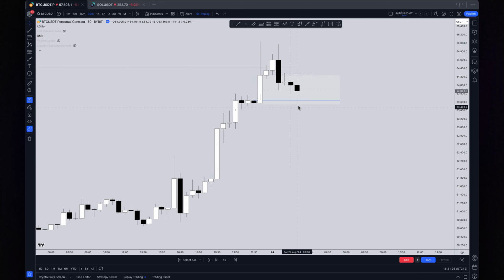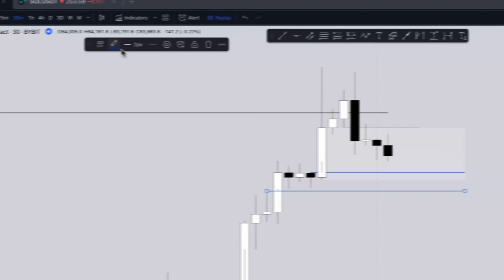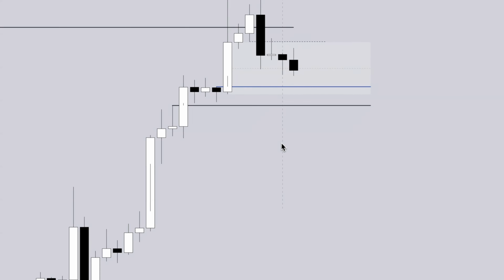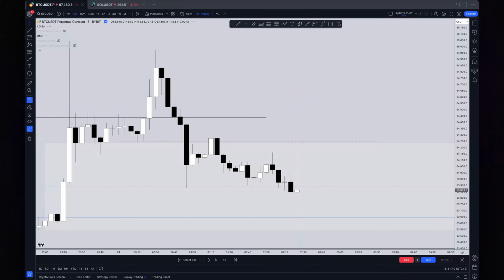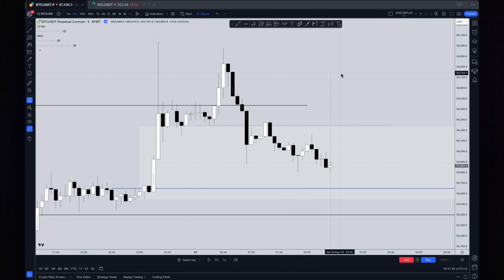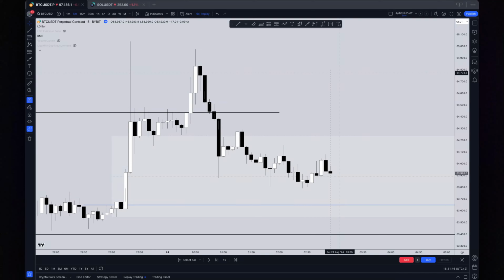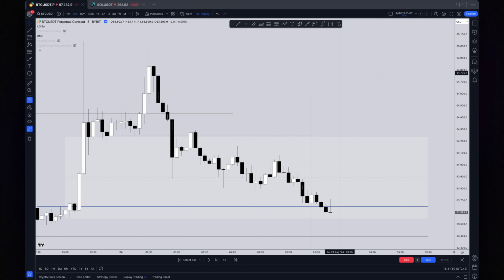So now if I want to get an entry, I want to see it here. What I'm also going to do is mark this level, because if we close through that on a 30-minute, we're going to short. So for now, I'm only interested if I see a trade at the low of this LGC.